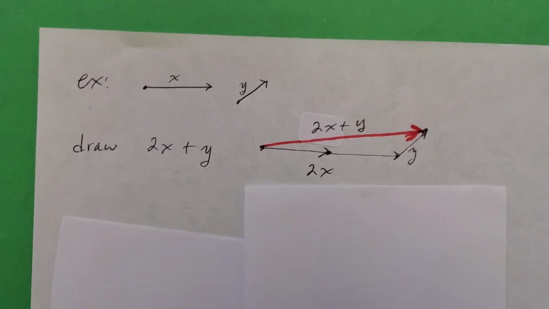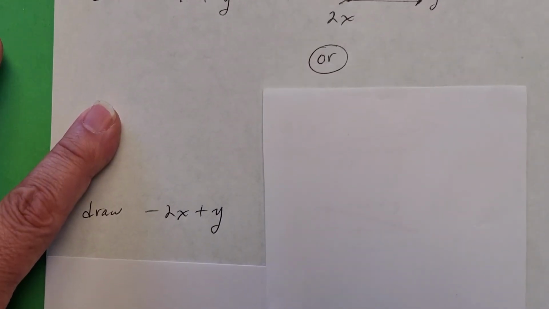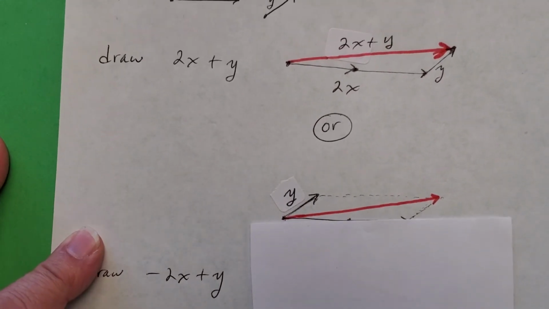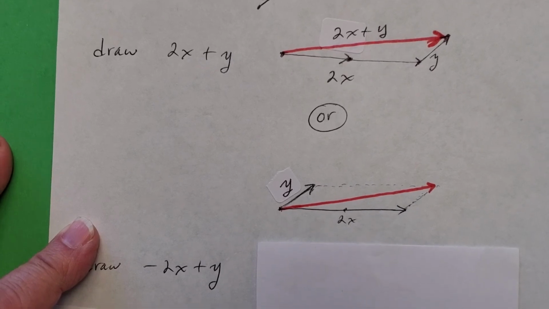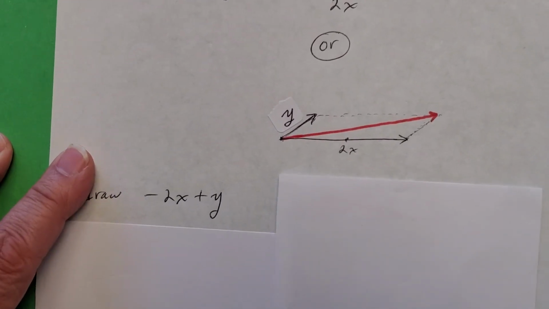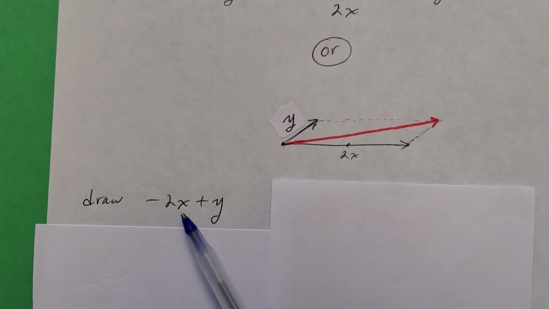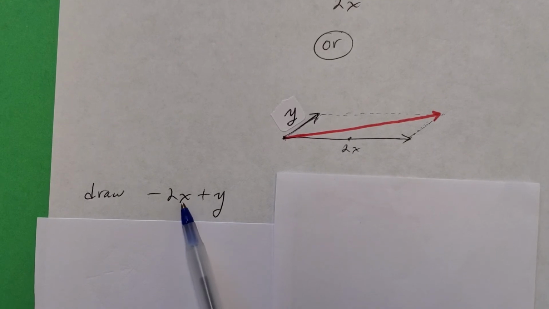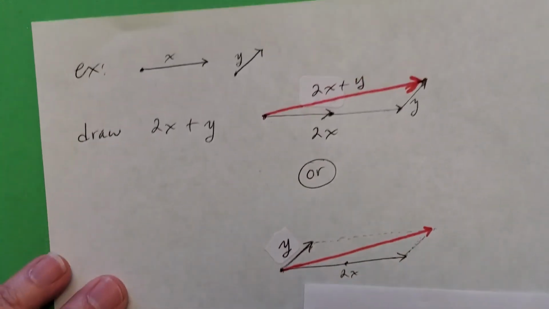Okay? One more time. Oh, I did it both ways, the triangle way and the parallelogram way. Another example. So same vectors, but now I want negative 2x plus y. What does that mean? That means you want 2x, but in the opposite direction, right? So look at x.